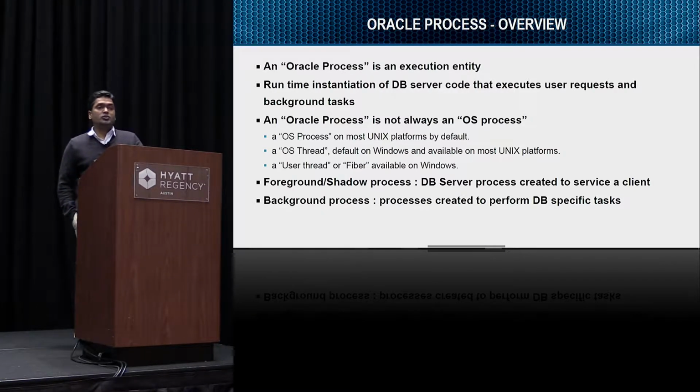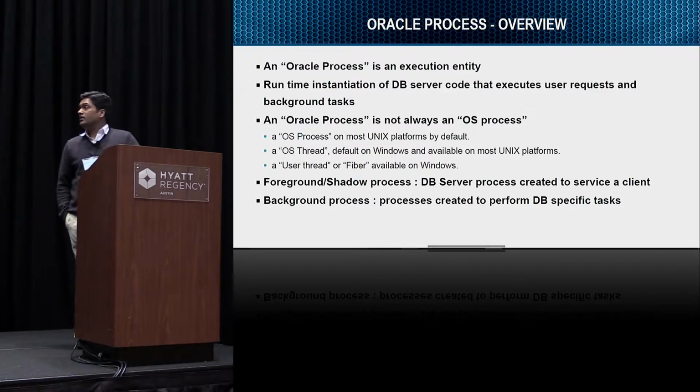It can be an OS process on most of the Unix platforms. It can be an OS thread. This is default on Windows. It can be a user thread or a fiber which is available on Windows. There are broadly two categories of Oracle processes. We call them background and foregrounds.